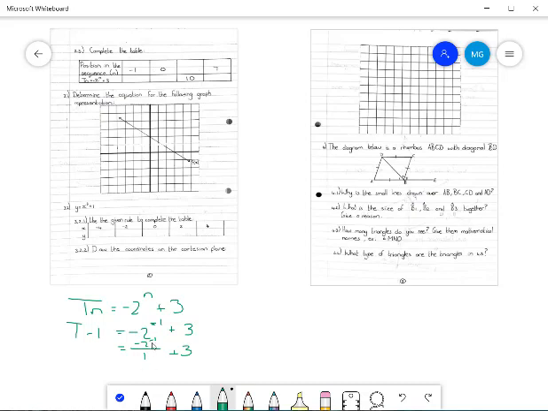So for me to switch these two, if I say 1 goes on the top and minus 2 to the power of minus 1 goes at the bottom, my exponent will go from negative to positive. It's going to be 1 over minus 2 to the power of 1.